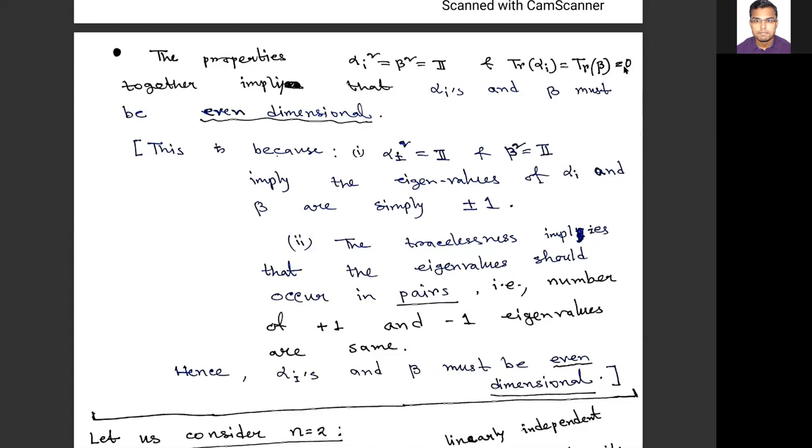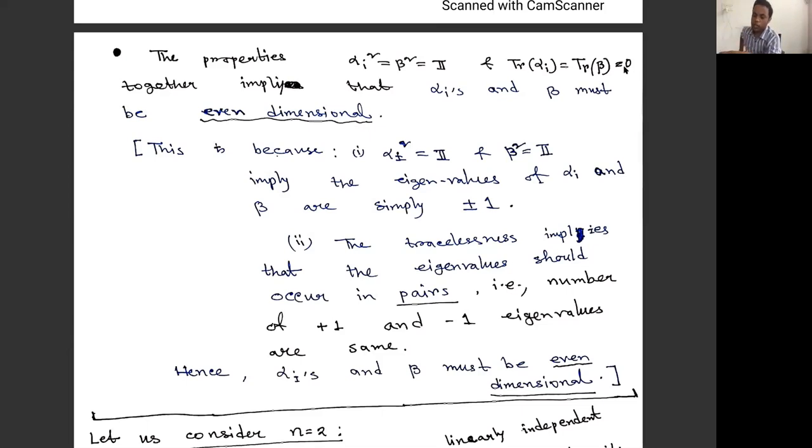If you have eigenvalues like plus lambda, minus lambda, and you want the sum of the eigenvalues, the diagonal entries, to be 0, that means the trace should be 0, then you can only put these eigenvalues in pairs, lambda and minus lambda, or lambda 1, minus lambda 1, lambda 2, minus lambda 2, and so on. So the eigenvalues should appear in pairs.